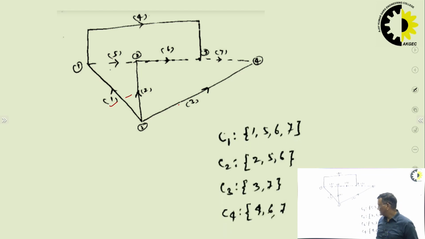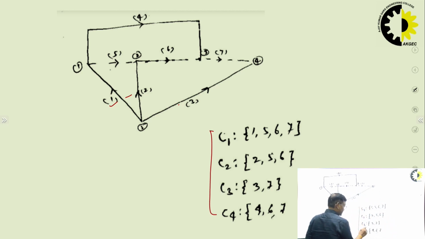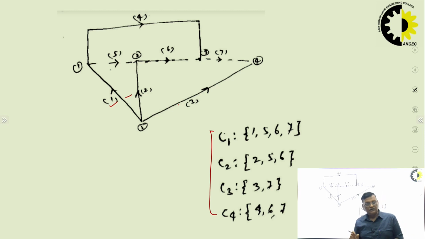Here we can see that there are only 4 cut sets, whereas in the earlier graph there are 7. The basic difference is for the fundamental cut set: how many fundamental cut sets? The number of twigs. If a tree has 3 branches, then there are 3 fundamental cut sets. If we have 4, then 4.